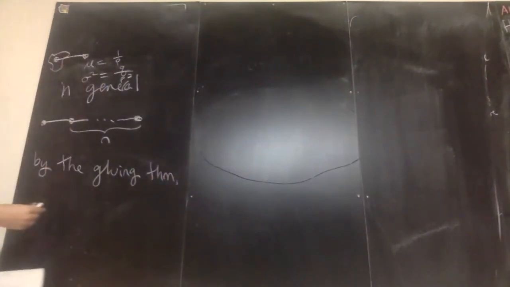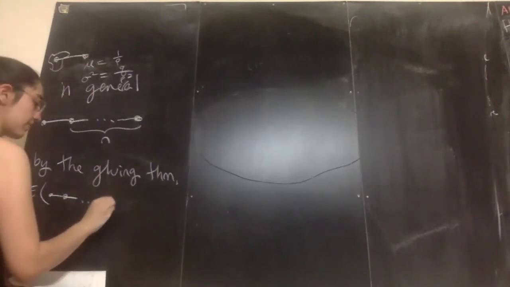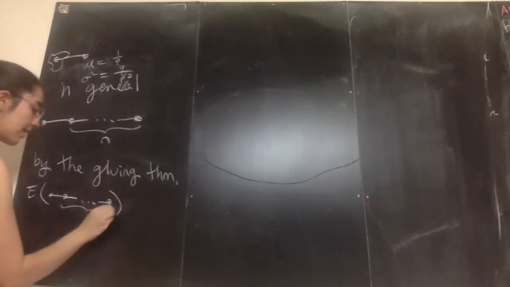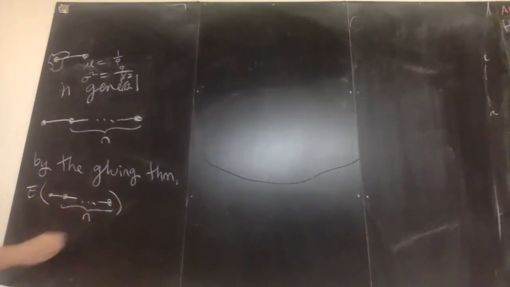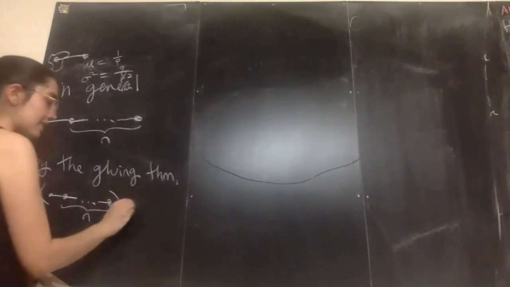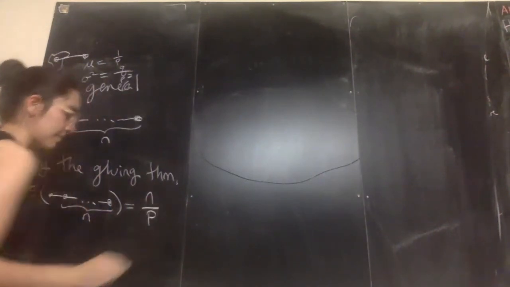By our gluing theorem, we have that the expected value of a line graph with n plus 1 nodes is equal to n over p.